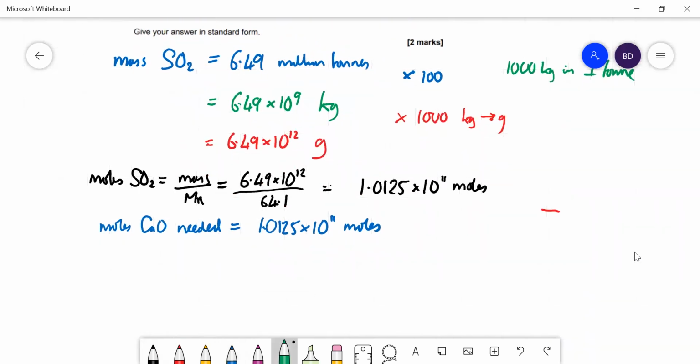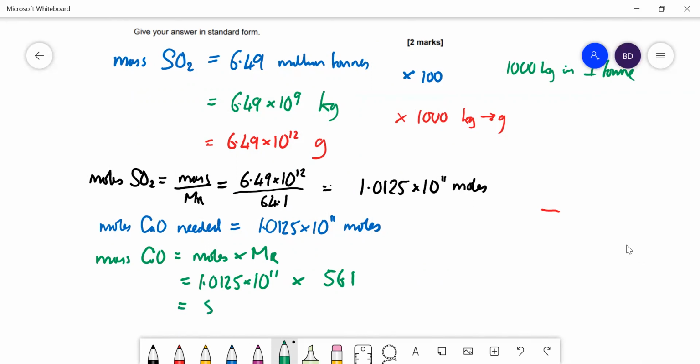So mass of calcium oxide is equal to the moles multiplied by the Mr. The moles, as we've said, is 1.0125 times 10 to the 11. The Mr of calcium oxide is 56.1. That gives us 5.68 times 10 to the 12 grams.